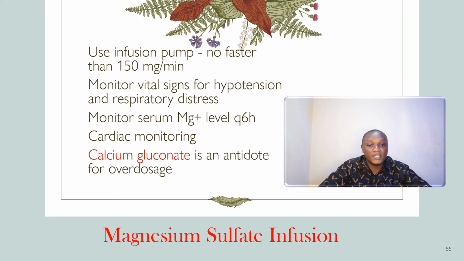Monitor serum magnesium levels every 6 hours, and the patient should be on cardiac monitoring. That is very, very important. Monitor for respiratory distress. If it is there, give the antidote, calcium gluconate. And also, the patient should be on continuous cardiac monitoring.